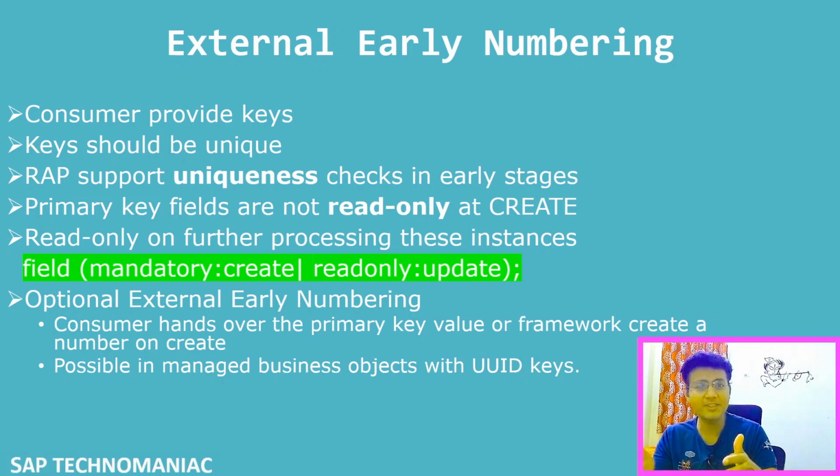But there is a prerequisite: the primary key field should always be a UUID, a universally unique identifier, of raw 16 type. We can't use it in our scenario. In that case, we should have a UUID for travel, UUID for booking ID, UUID for booking supplement ID, everywhere, and they should have a relationship. Then we can do that kind of thing. The user should also know what will be the next UUID, and based on that, assign it. But that is a very rare case where we give that much flexibility to the user to control primary keys.